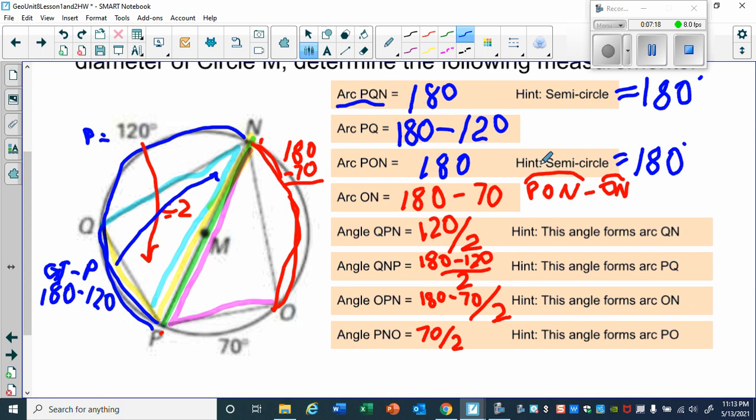And then last but not least, angle PNO. PNO formed a 70-degree arc, so 70 divided by 2. So that is how you solve that problem.